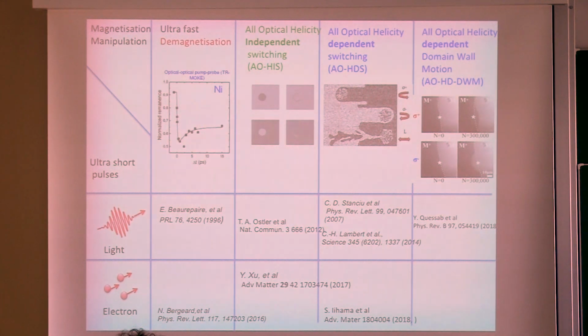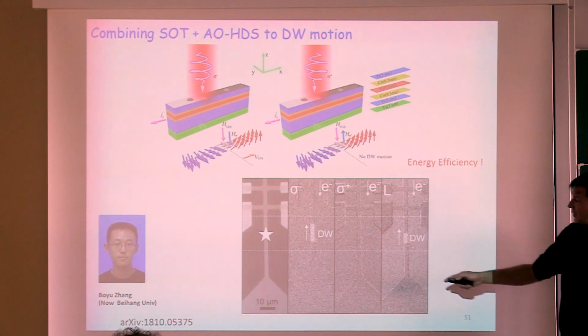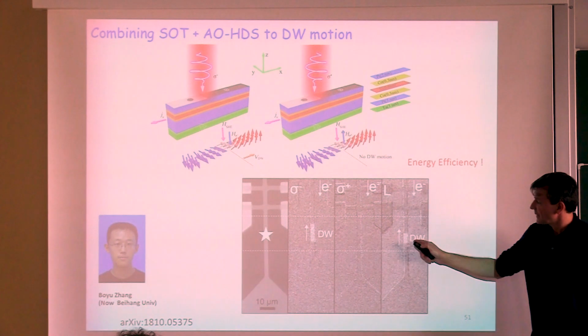Okay, and then last thing I'm going to be talking about domain wall motion. It's not that we have done more with some electron pulses, it's that here we have combined spin orbit torque and all optical switching. So you see here, we have 3 different cases.